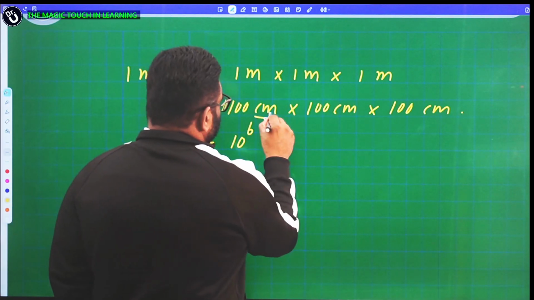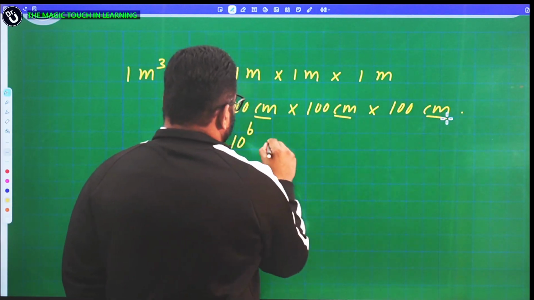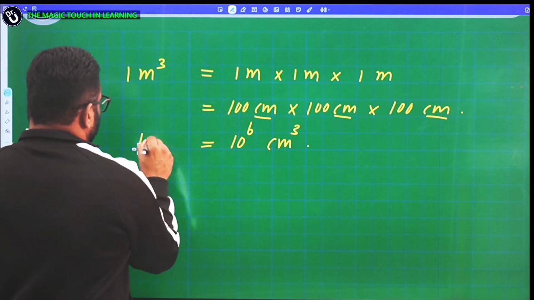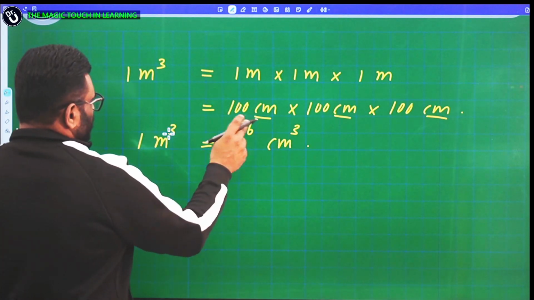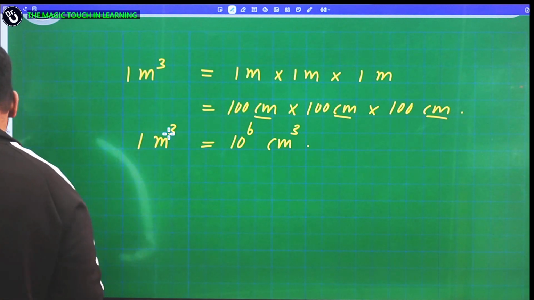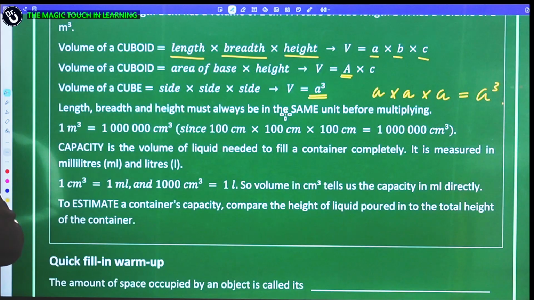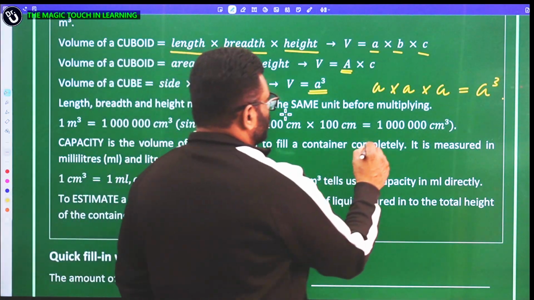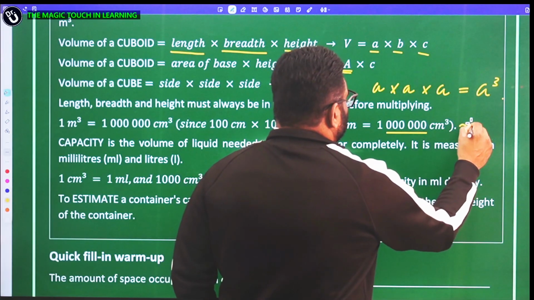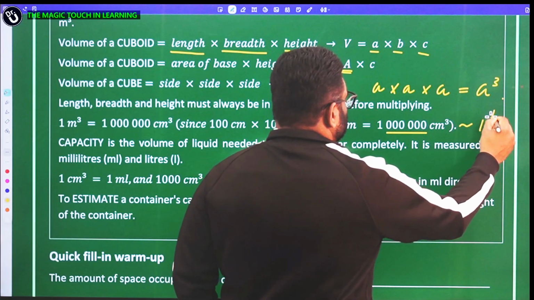How many centimeters are there? 3. So it's going to be cubic centimeter. So what you got: 1 meter cube is equal to 10 to the power 6 cubic centimeters. So this is the conversion, and that is what I'm showing you here. So instead of writing in this way, I'm writing 10 to the power 6.